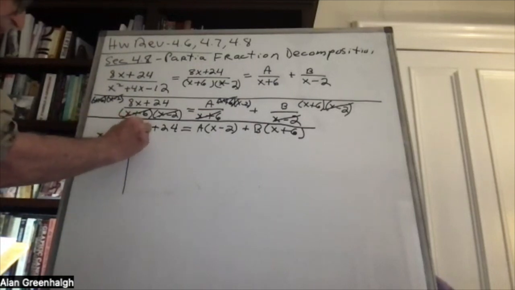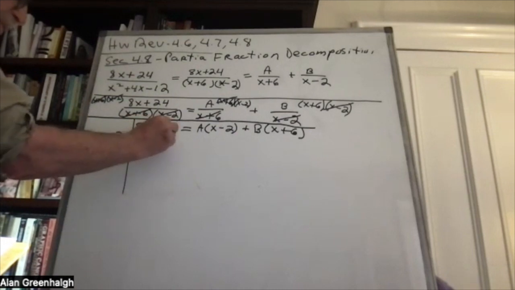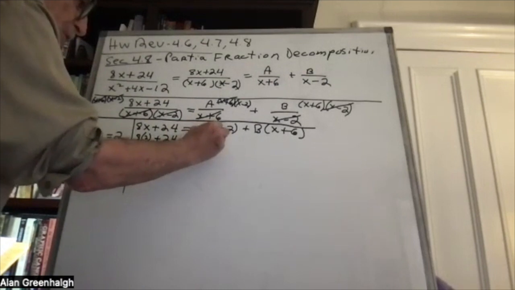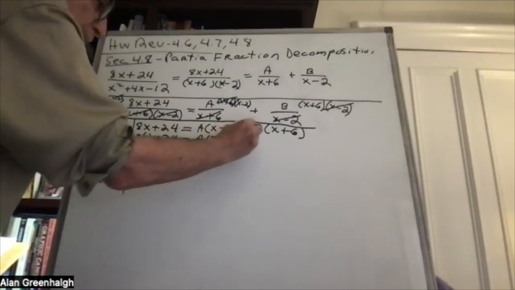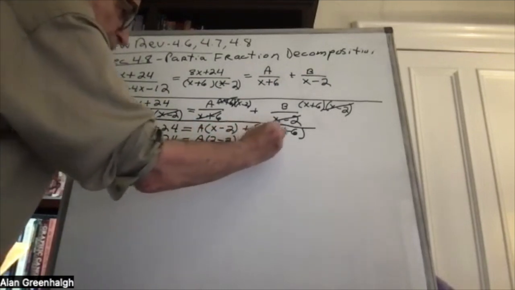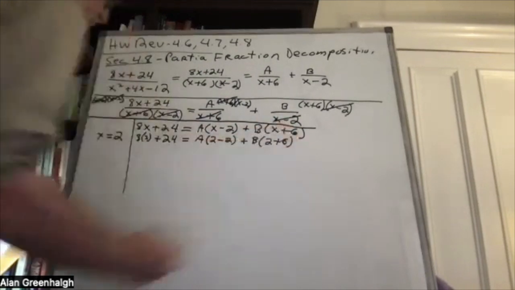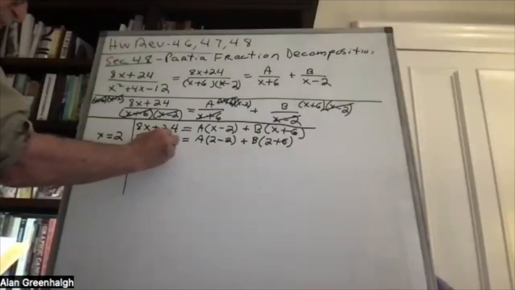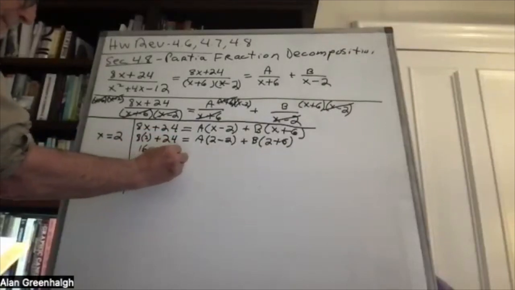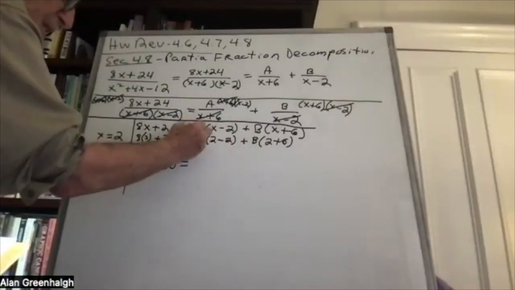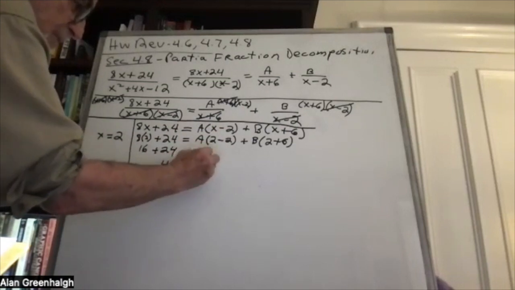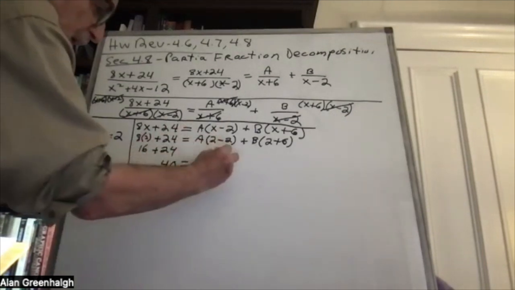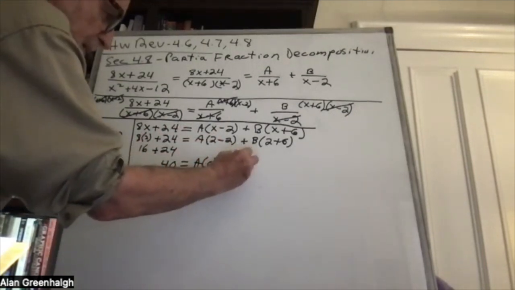So 8 times 2 plus 24 will equal a times 2 minus 2 plus b times 2 plus 6. And continue. 16 plus 24 is 40, is equal to a times 0, which is exactly what we want to happen, plus 8b.